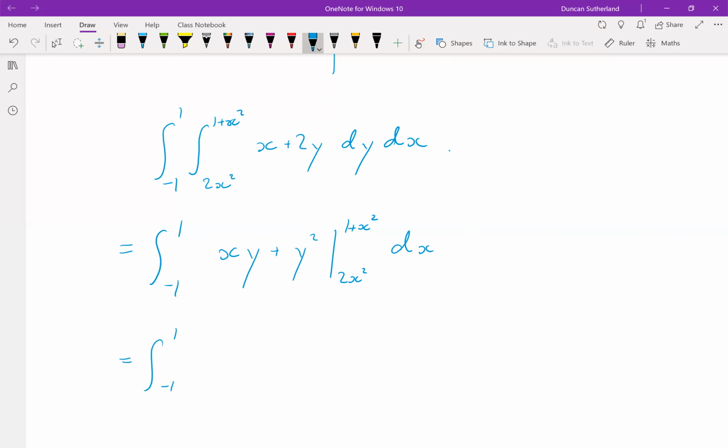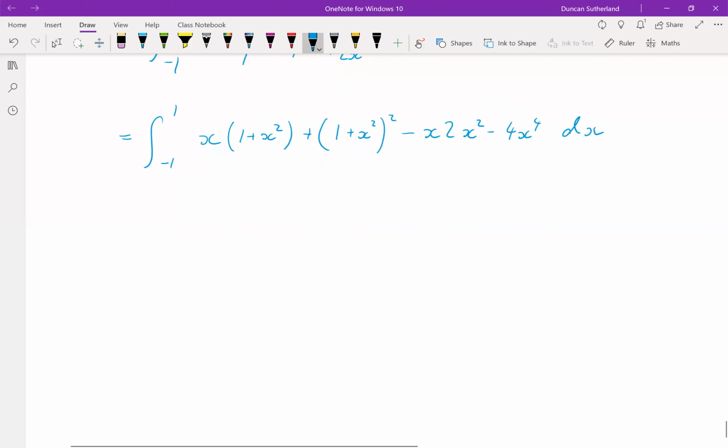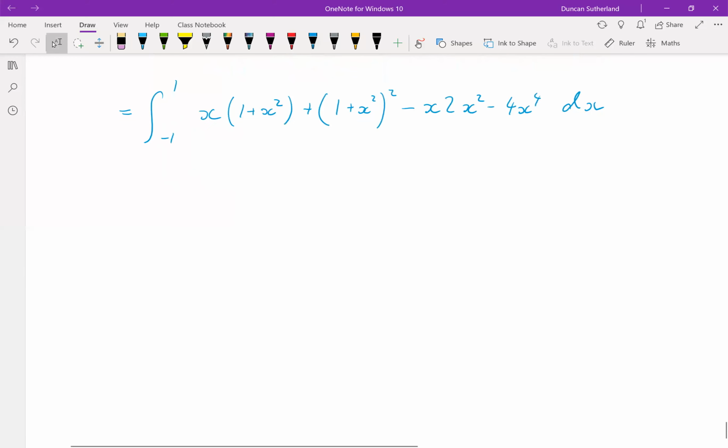Fortunately, I can just copy from the example that I did. Well, that someone else did actually. This example is from Stewart's calculus. So 4x fourth. Right, so you're going to have to blow that one up as well. But bits start canceling out.